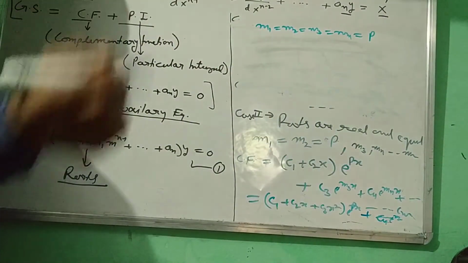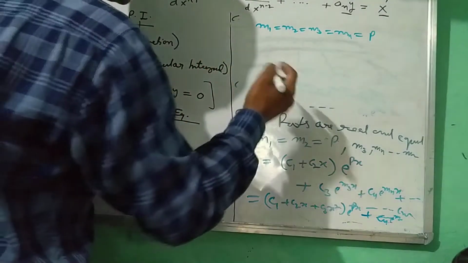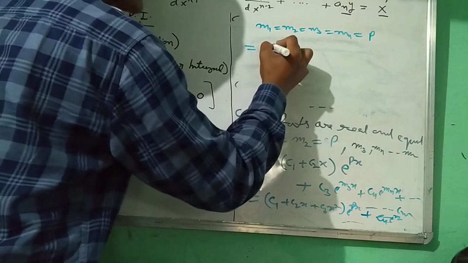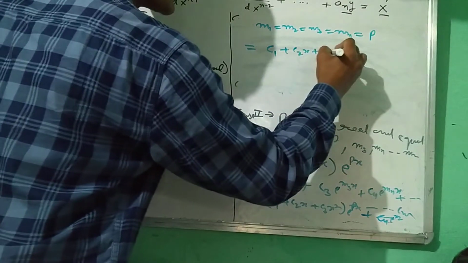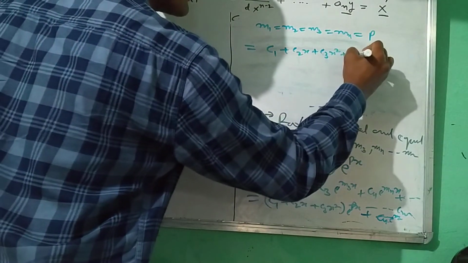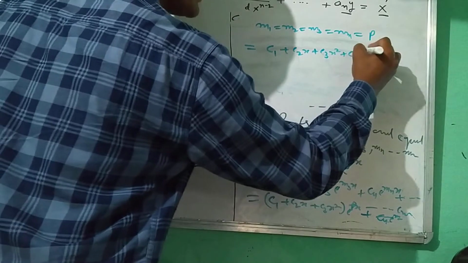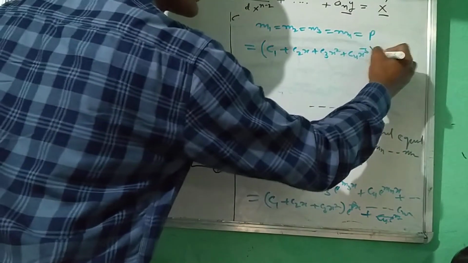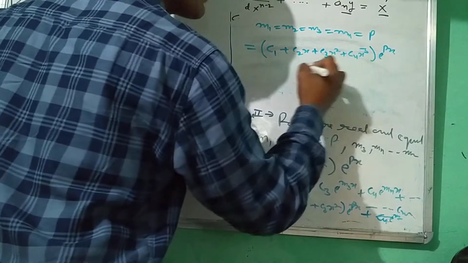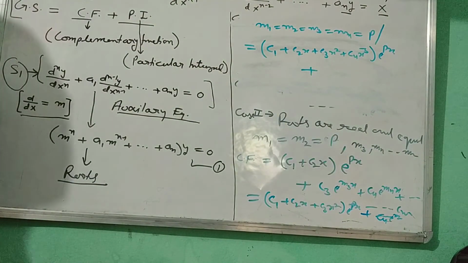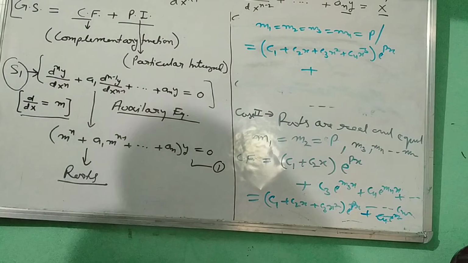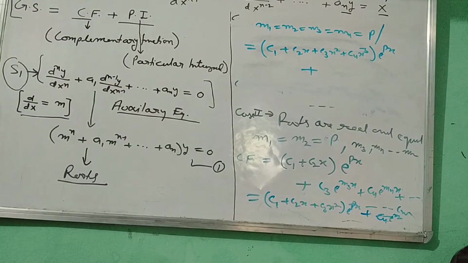If we have four roots equal, then the complementary function is c1 plus c2x plus c3x square plus c4x to the power 3, times e to the power px, plus the other roots if they are distinct.